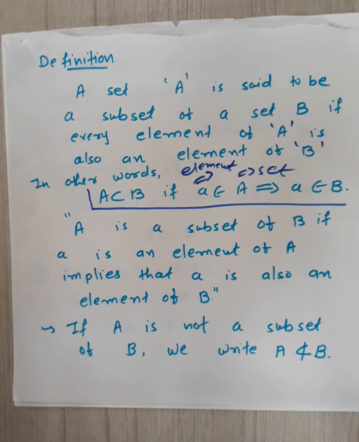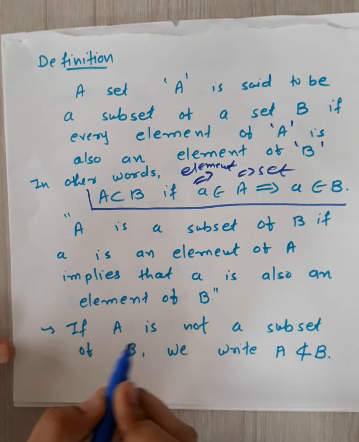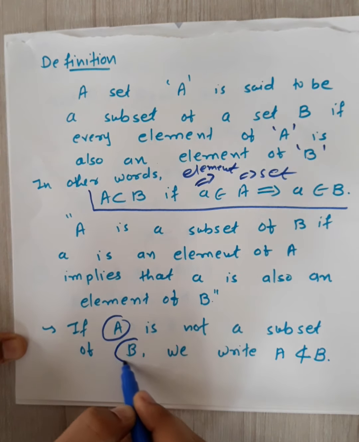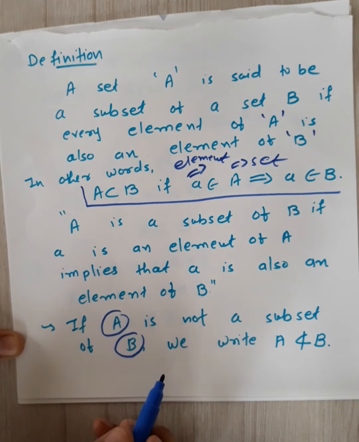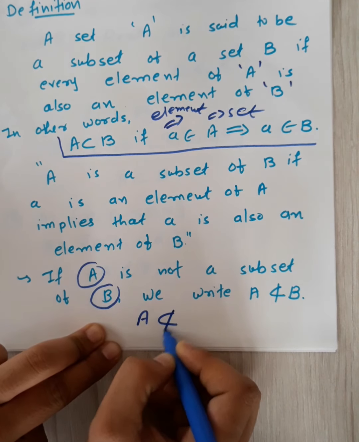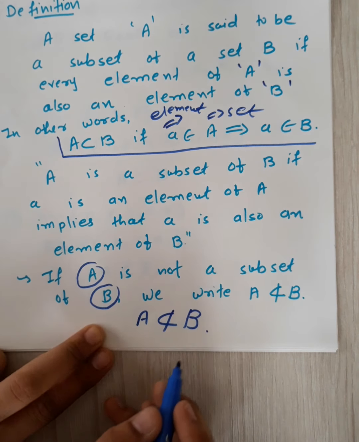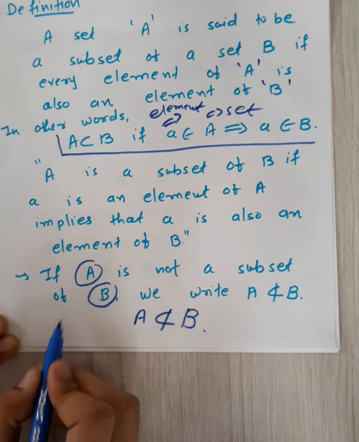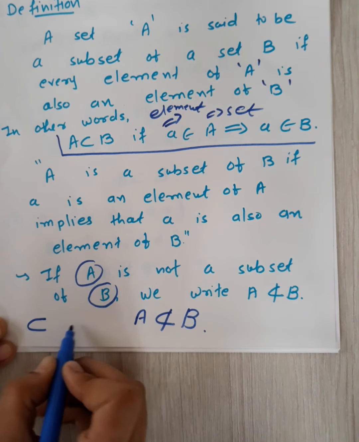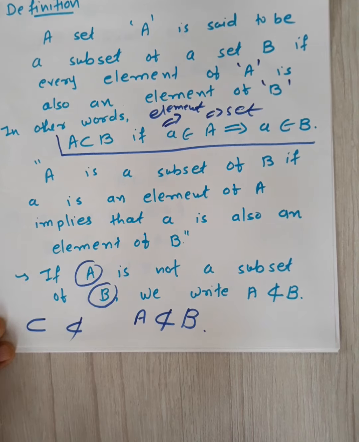If A is not a subset of B, then how can we write it? We can write that A is not a subset of B by just putting a cut on the symbol of subset. Now this is the symbol of subset, this is the symbol of not subset.